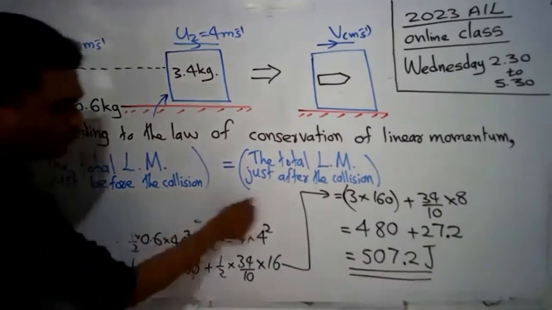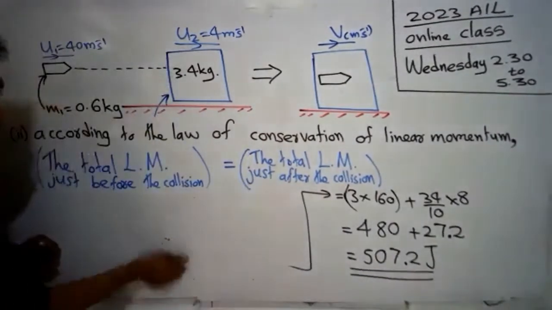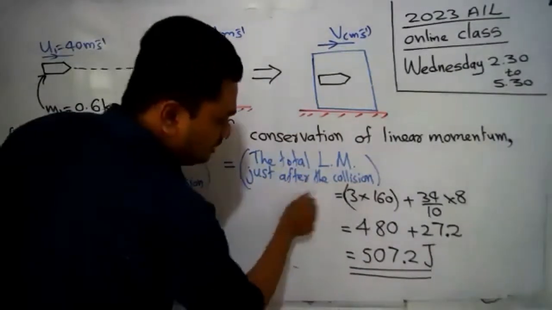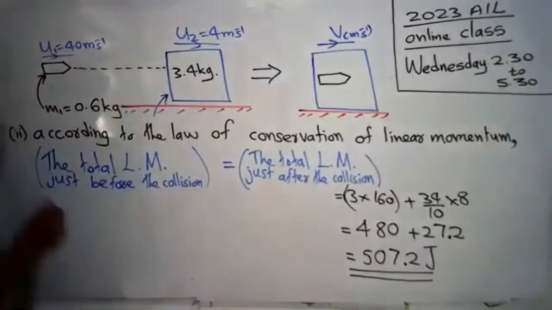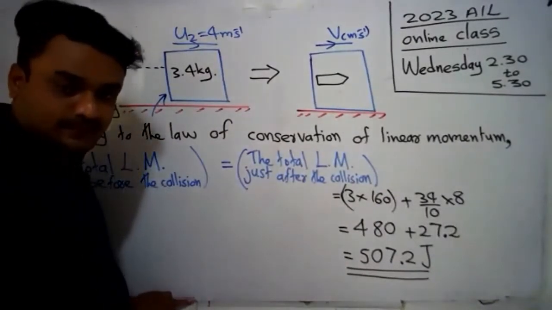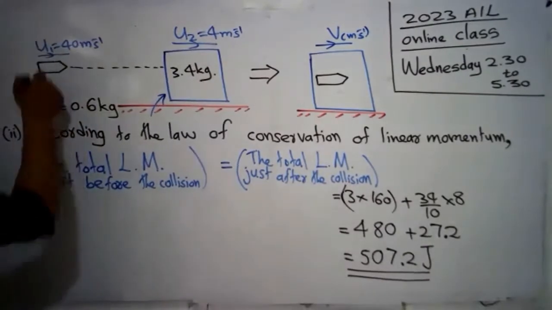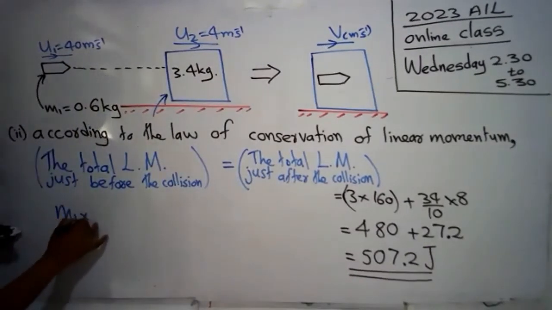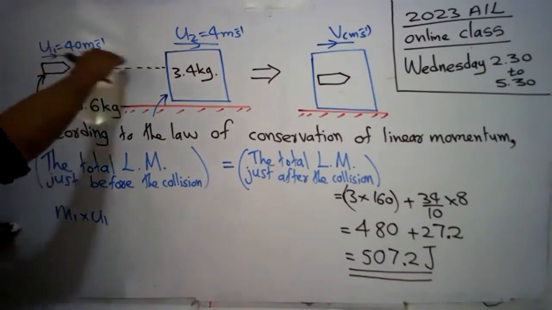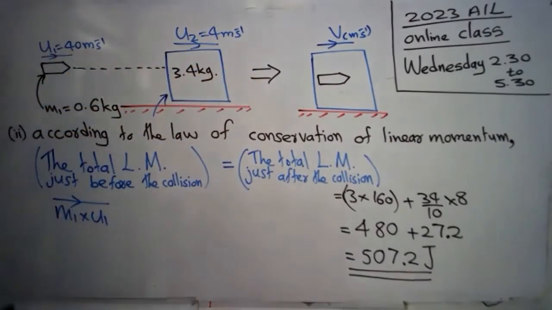Linear momentum of a moving object is the product of mass and velocity. So linear momentum of the first object is m1 into u1. The object is moving to the right, therefore the direction of the linear momentum is also to the right.